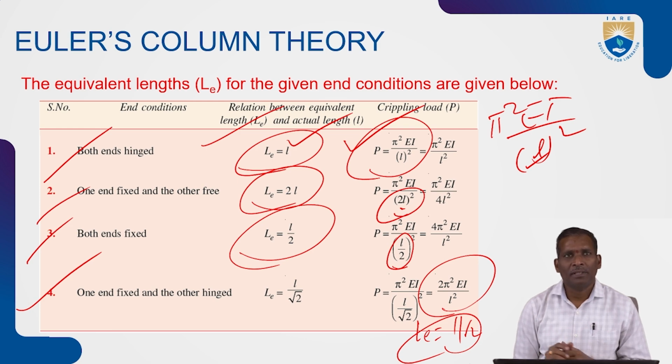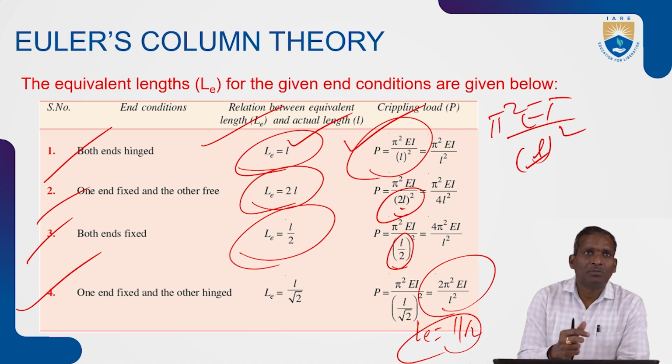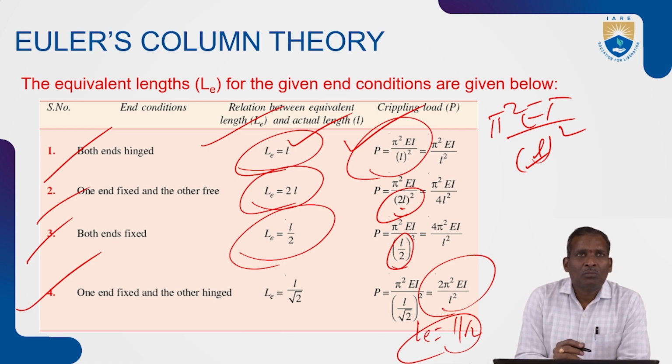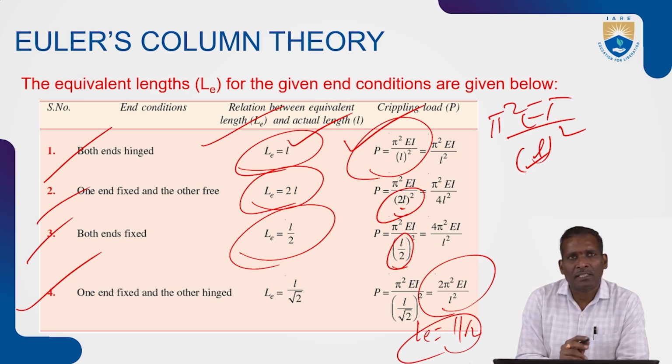We also derived the final comparison between these four: both ends hinged, one end fixed and the other end free, both ends fixed, and one end fixed and the other end hinged. These conditions we have already compared in the form of equivalent length. The relation between equivalent length and actual length we have also simplified.